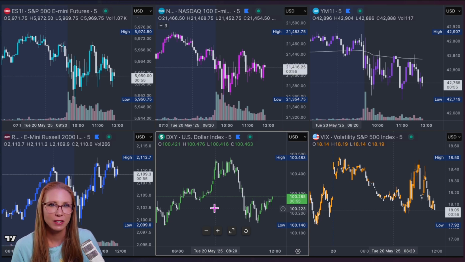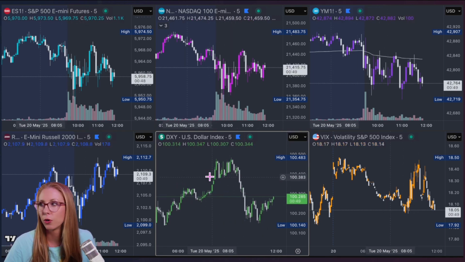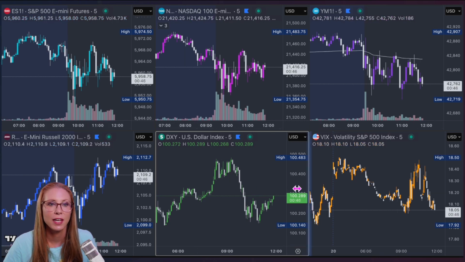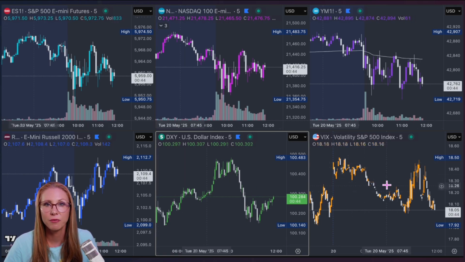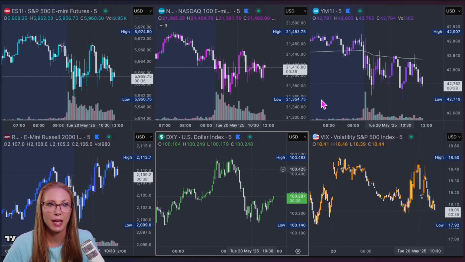Lately, that really hasn't been the case at all. In fact, I really haven't been watching the dollar on an intraday basis for making trading decisions. I've been relying more heavily on the VIX, the volatility index. It's had a great reverse correlation, and the US dollar really hasn't.